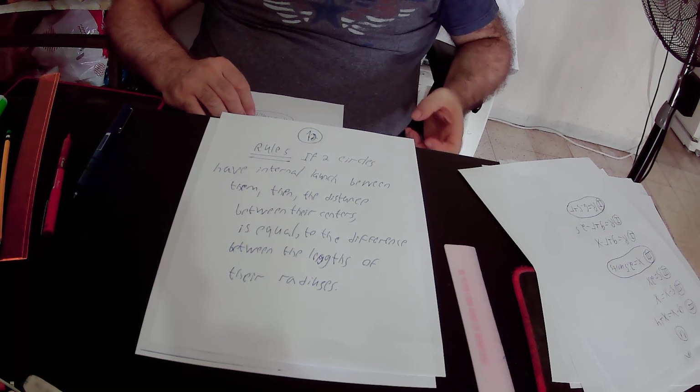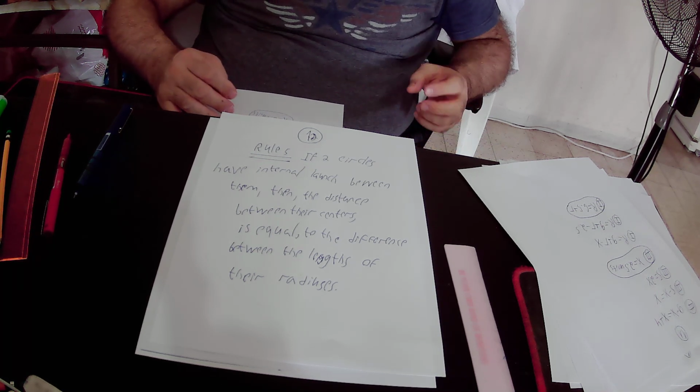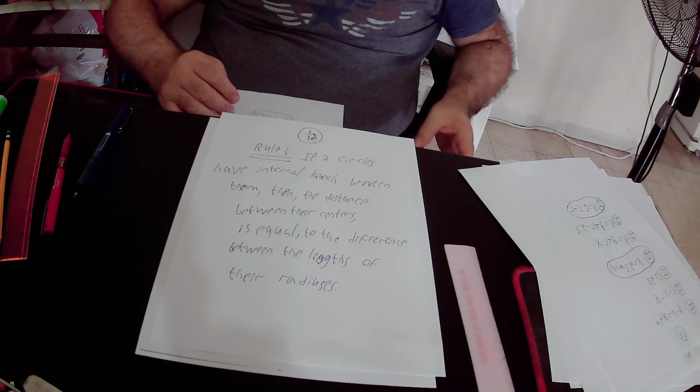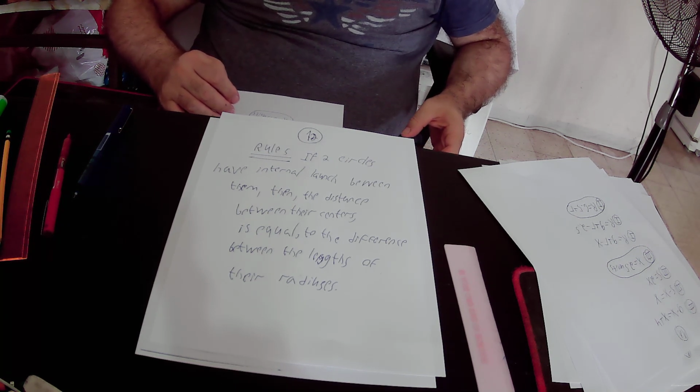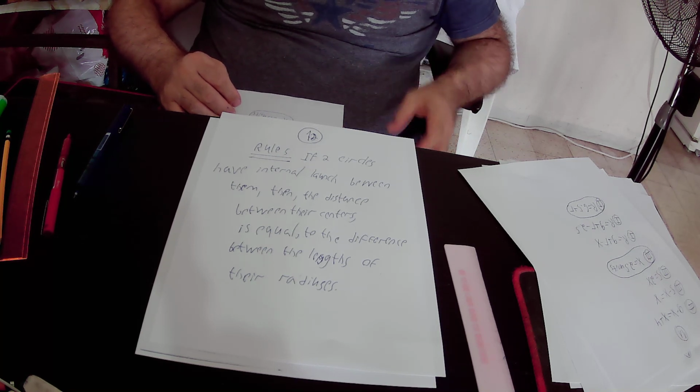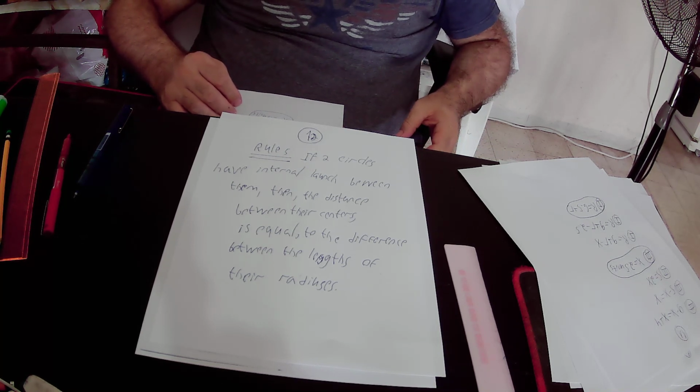So actually, if two circles touch each other internally, then the distance between their centers equals the difference between their radiuses.